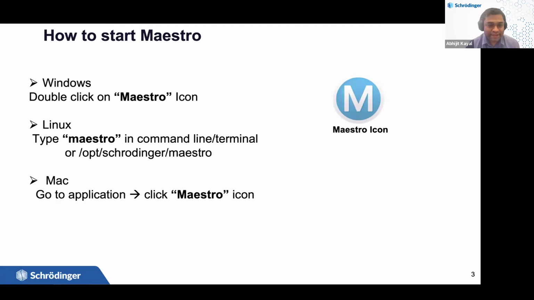If you are using Linux, and it is correctly installed, you can open the command line or terminal and just type maestro. Remember, the m is in small letter, and if the path is not properly given, you can go to the installation directory. Typically it will be in the opt folder, opt Schrödinger, and from there you can also access the Maestro interface.